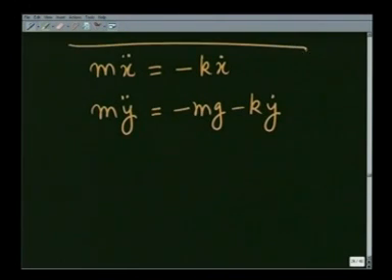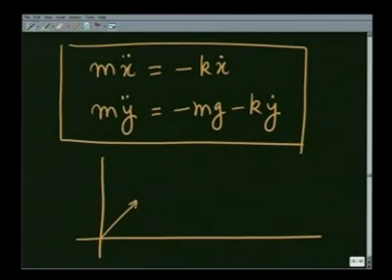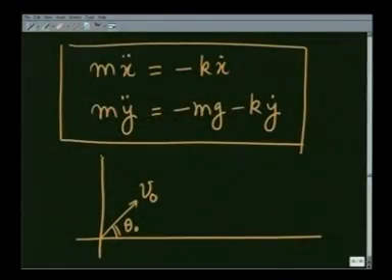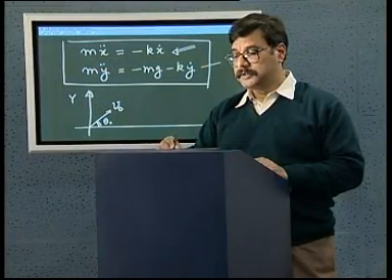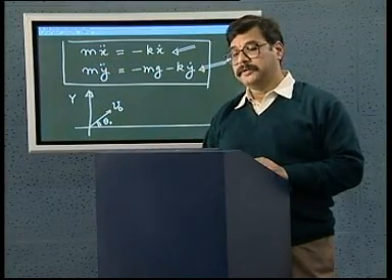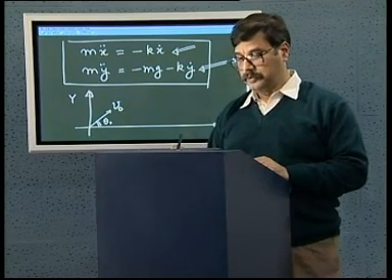These are my 2 equations of motion when I am solving for a particle which is being thrown at an angle theta 0 with initial speed v 0. This I am taking to be positive y direction, this to be x direction. These two I have solved separately when I was solving the 1D problem, so that I know the solution.